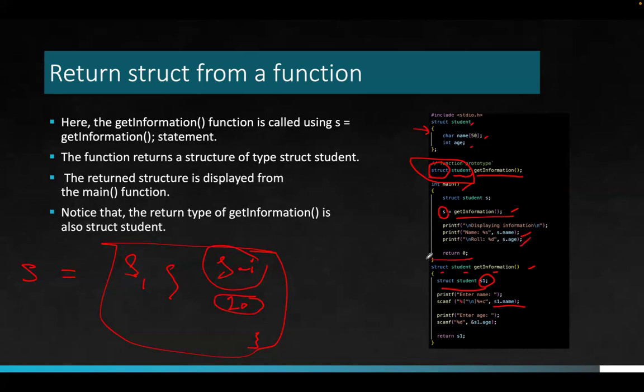And at the end, it's return 0 because the return type of the function is integer. So this is how we can return a structure from a function as well. So from the function, you can accept a structure while executing the function, or once it is executed, you can return a structure.